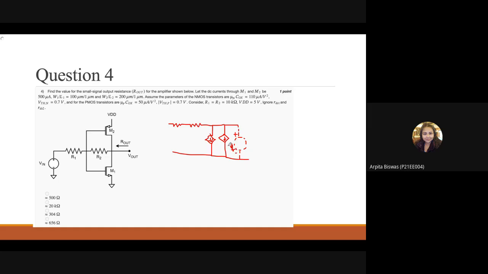This is VT. And this is gm2 into VGS, gm2 VGS, and this one is gm1 into VGS.